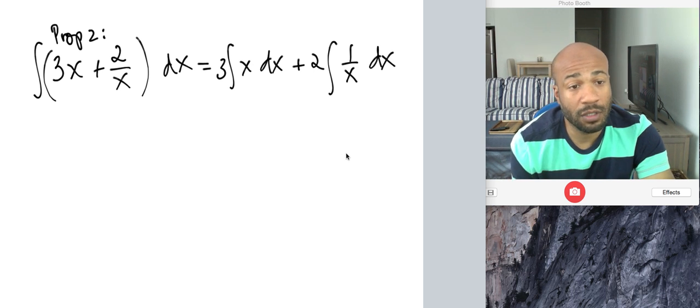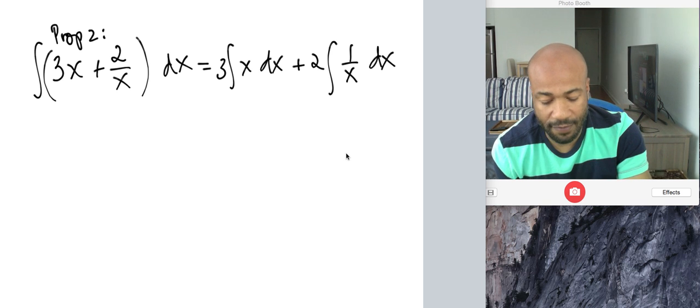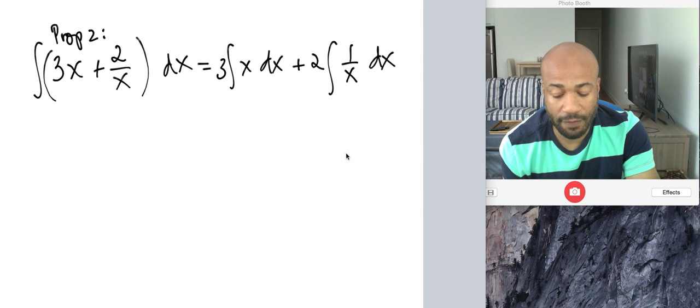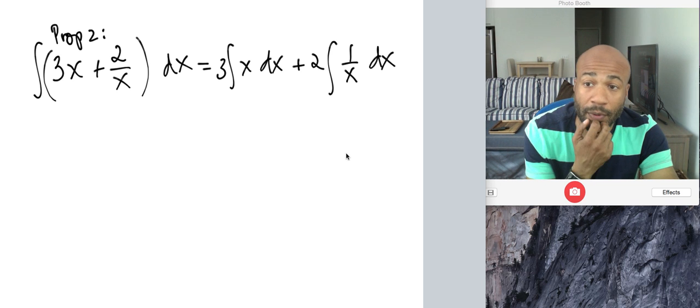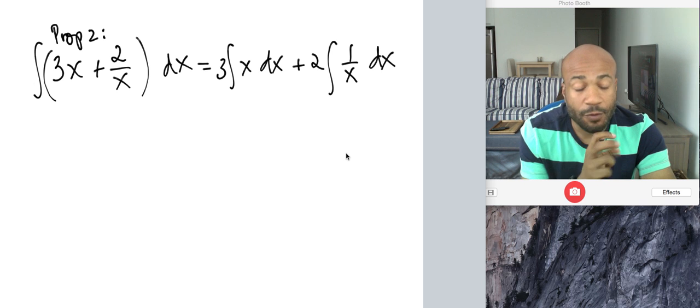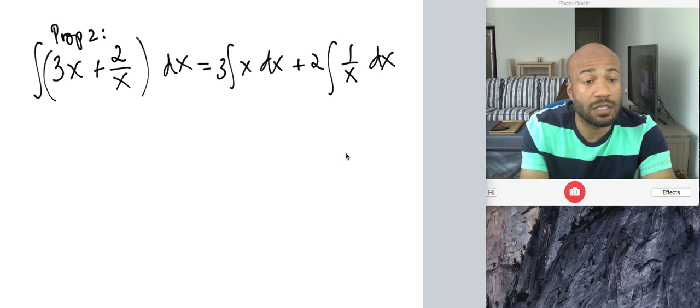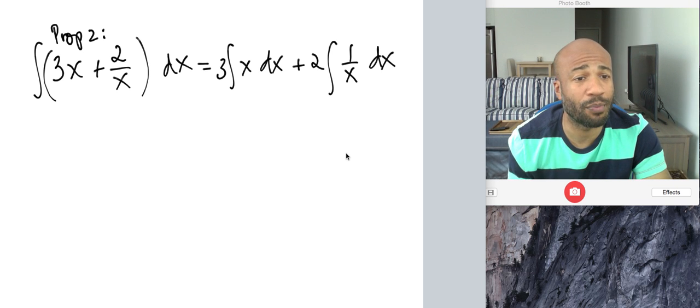The last one that we'll do, because pretty much I already ran out of time, I have the integral of 3x plus 2 over x with respect to x. So I'm using property 1 and property 2 together, but I'm more focused on property 2 that says that if you have the sum of two functions, it's the same as breaking them up and taking care of separate integrals.